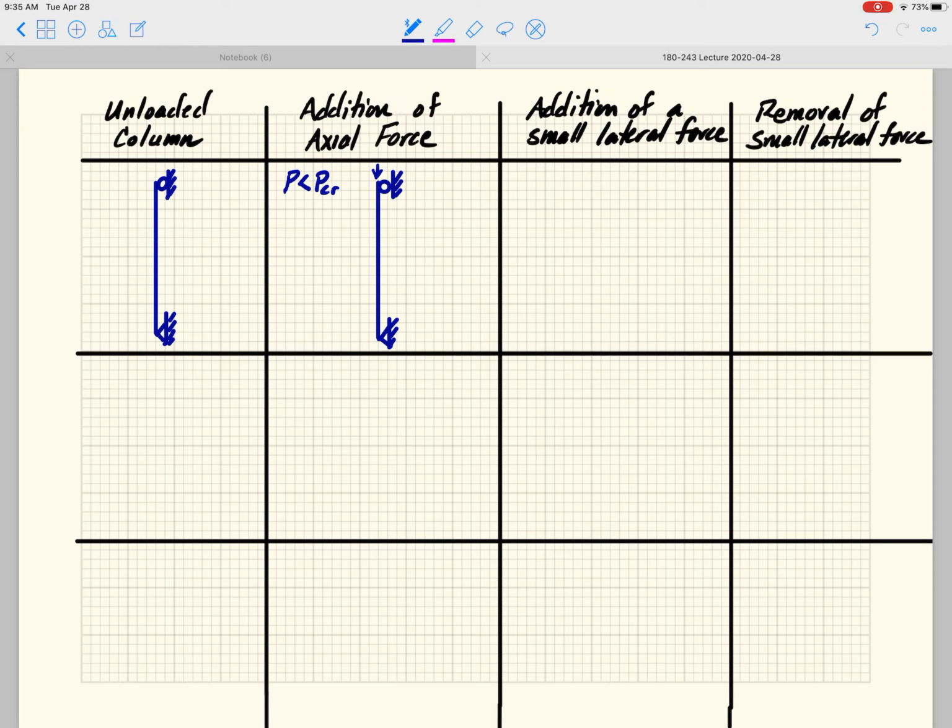Then I come to this section and I'm going to bend the column like this.